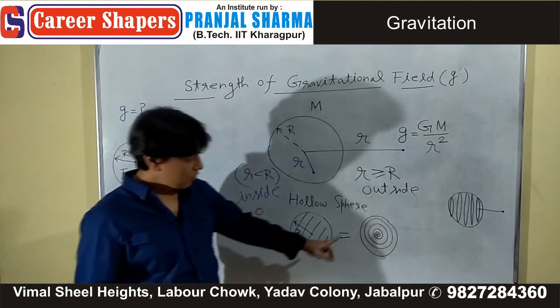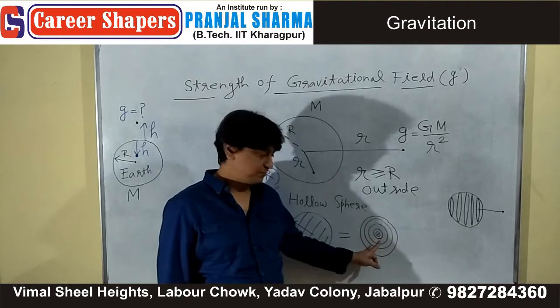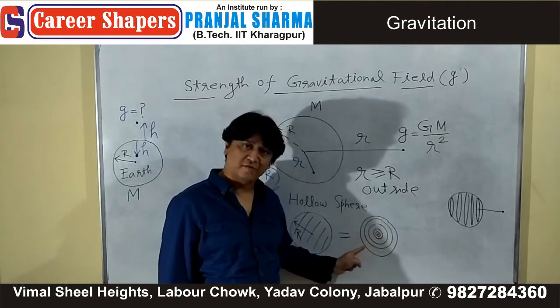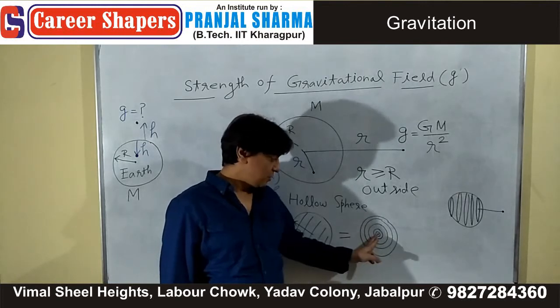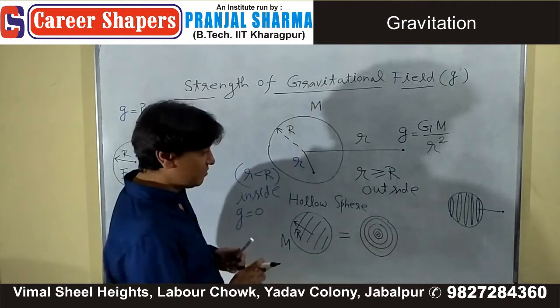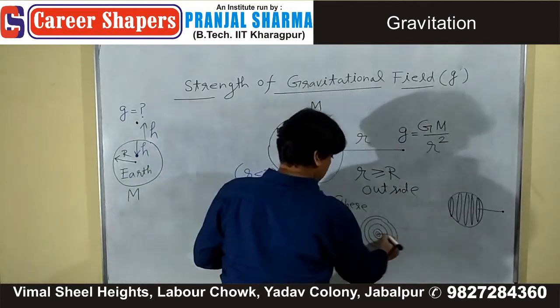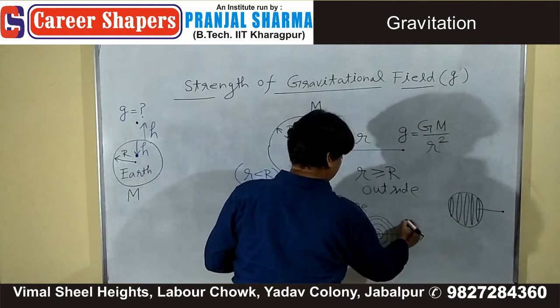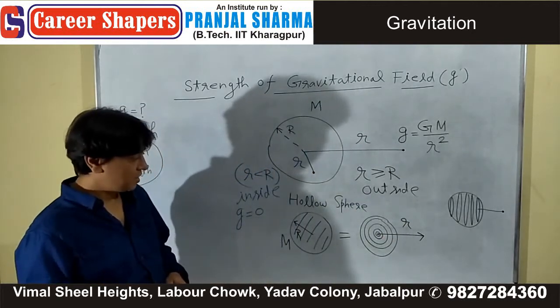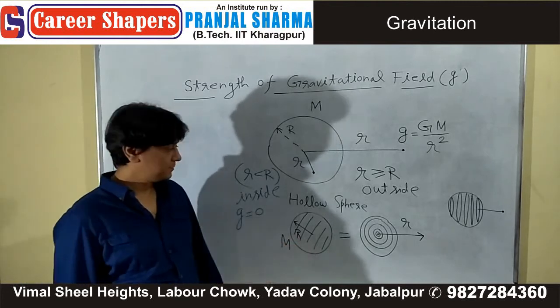Now, for these shells, let's say their masses are m1, m2, m3, m4, m5, m6. You have different radii for these, and you need the gravitational field outside at this point r. We need at this point the gravitational field for this solid sphere.